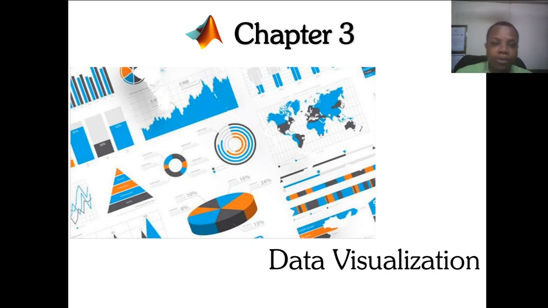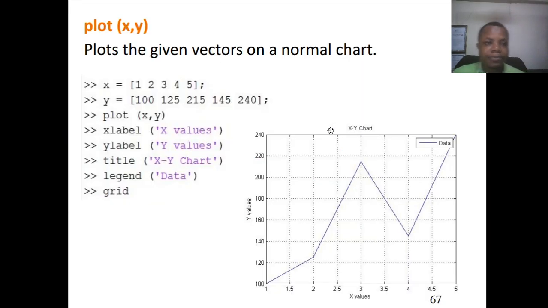Okay, so with this, we could think of plotting a line. In this case we are going to plot some vectors together. So in this case, we could use the function plot. Suppose that we have two vectors, x and y.